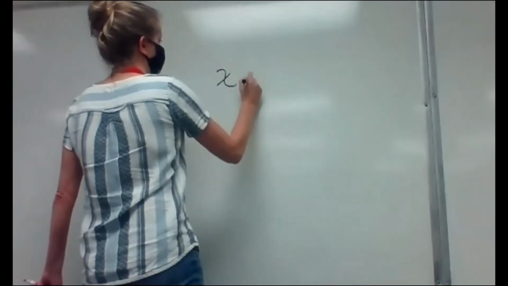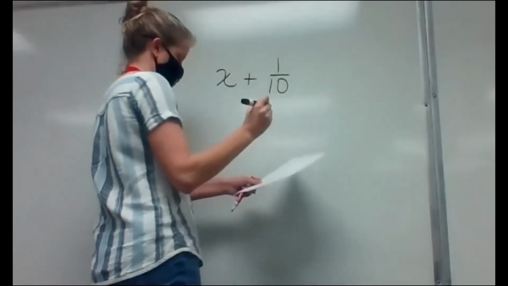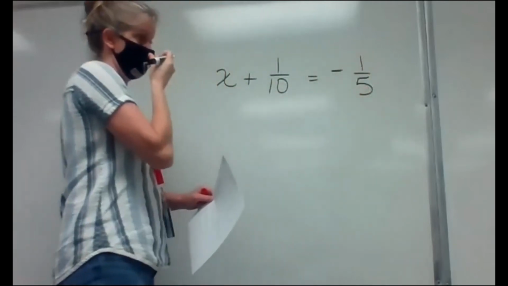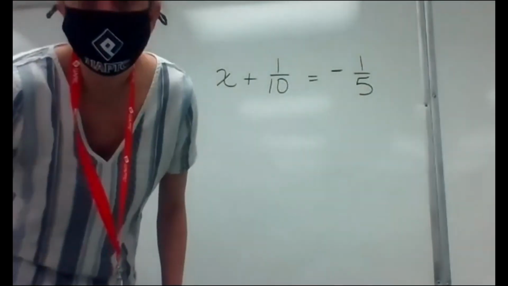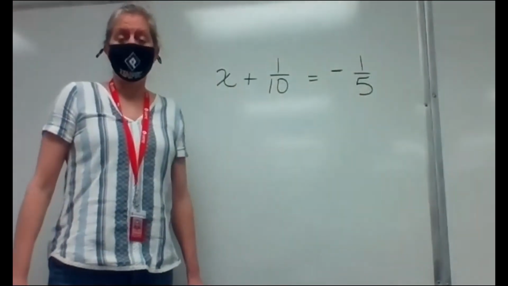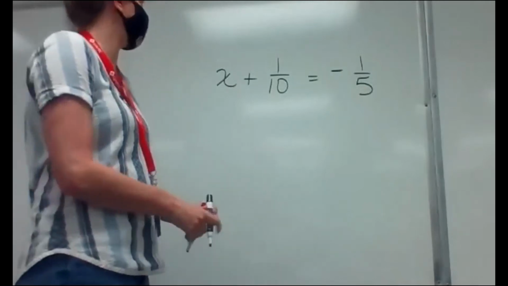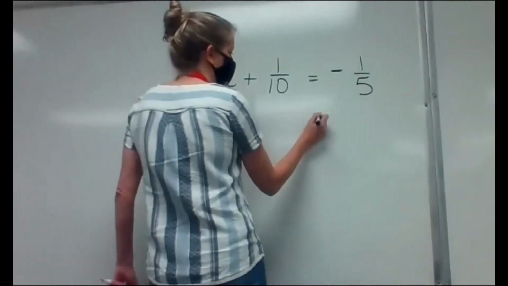Okay, number 5. We have x plus 1/10 equals negative 1/5. So, going with the rules that we have come up with to get the x by itself, bring down my equal symbol.